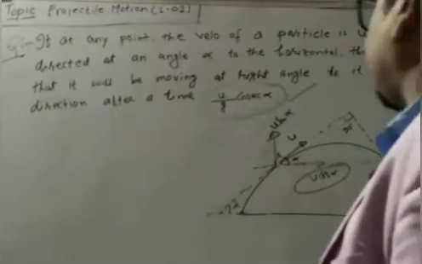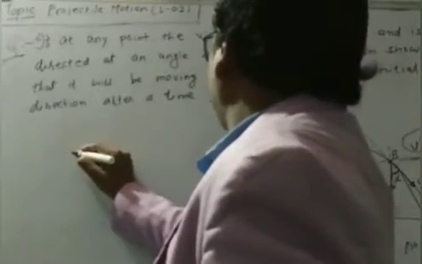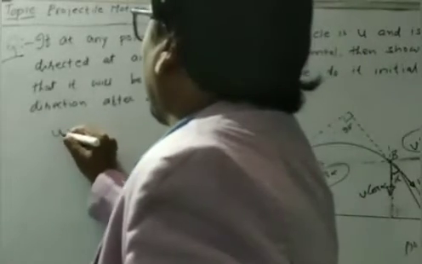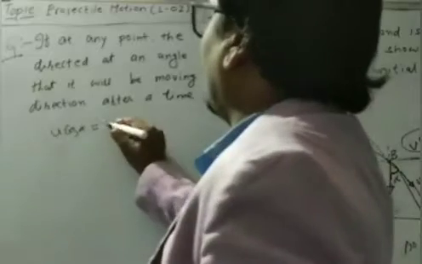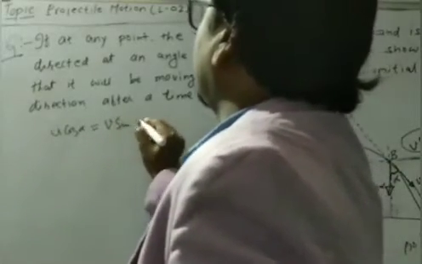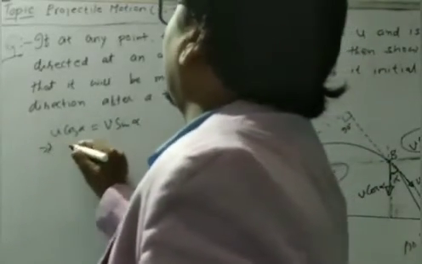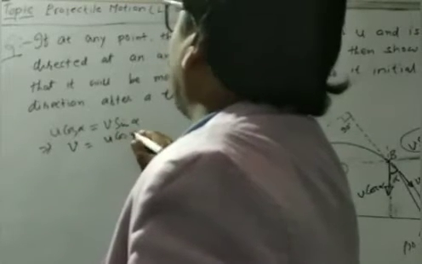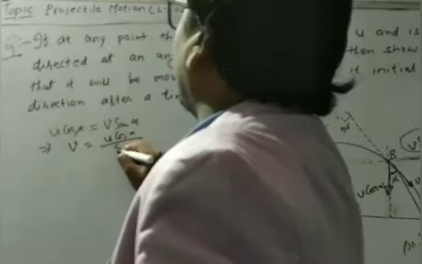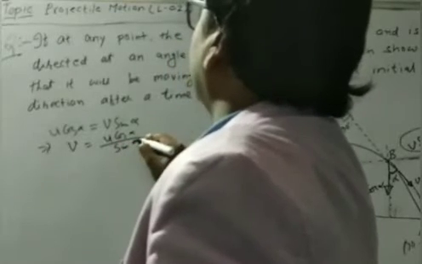So we write here u cos alpha must be equal to v sin alpha, so that you can find v equal to u cos alpha upon sin alpha.